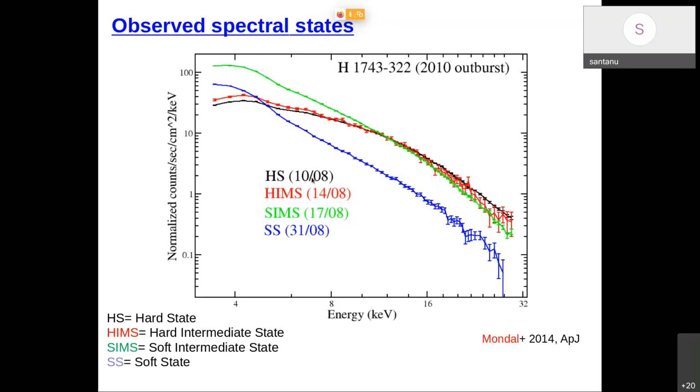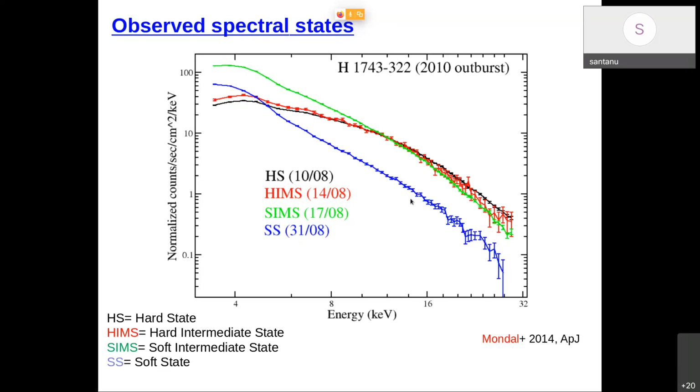This HS, the hard state, was observed on 10th August 2010, and you can see the spectral slope is gradually changing as we move from hard state to soft state on 31st August 2010. So these are the observed spectral states we see.